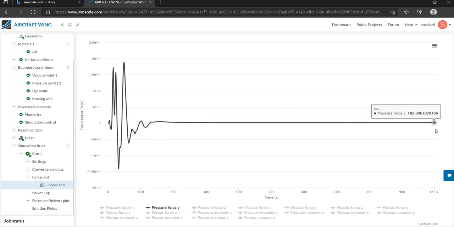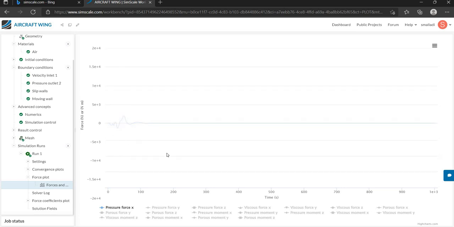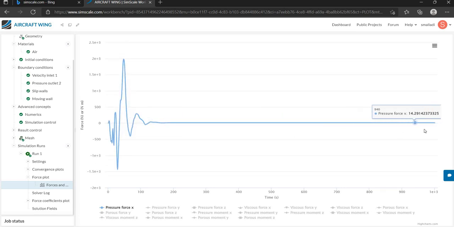Pressure force Y, that is lift force, is 182.018 Newton and the drag force or the pressure force X is 14.2929 Newton. In this way, you can analyze the values of your lift and drag forces.